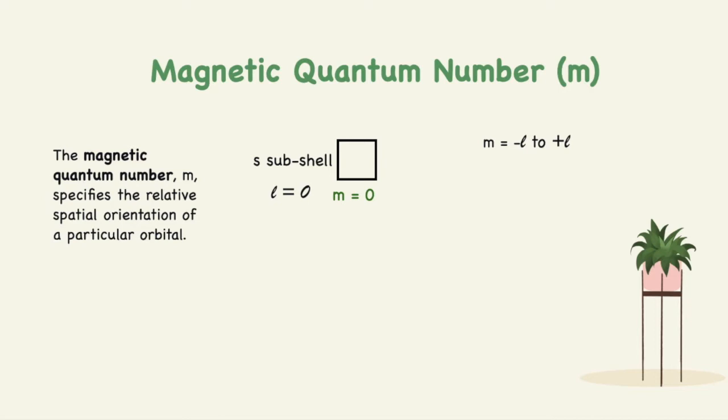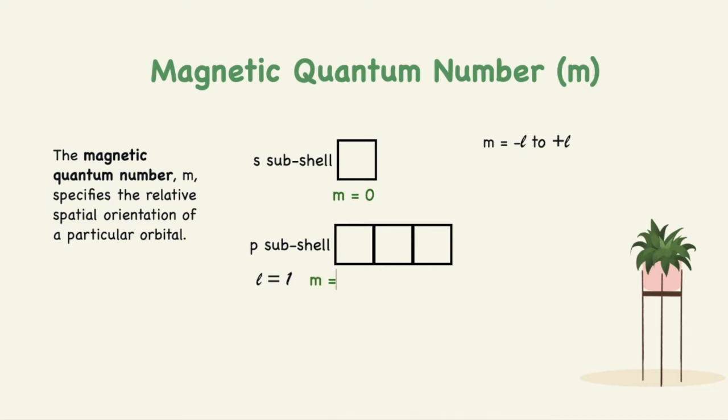Remember, m will have values from -l to +l. The next, the p subshell, contains 3 kinds of orbitals with l equal 1, so m will have values from -1 to +1 because l is 1.